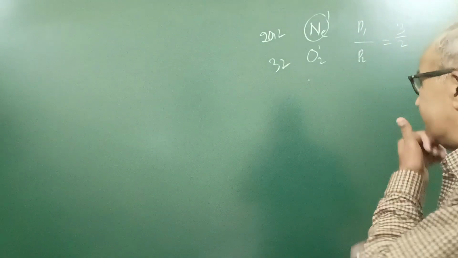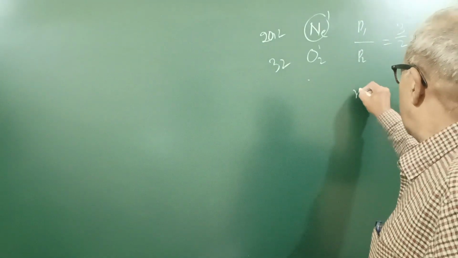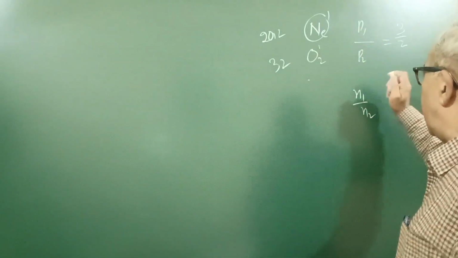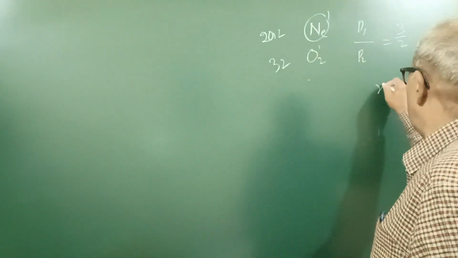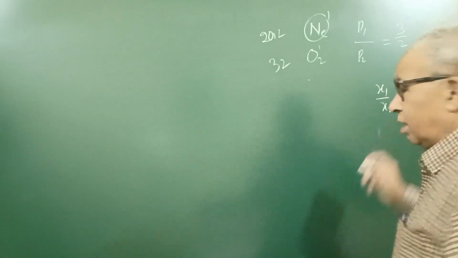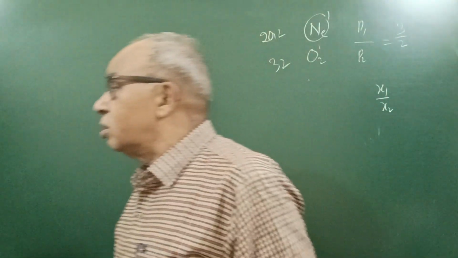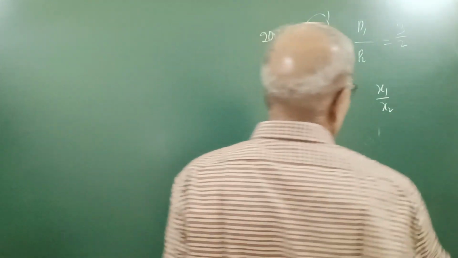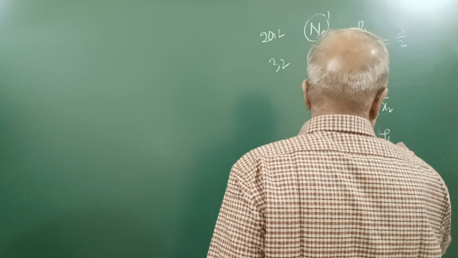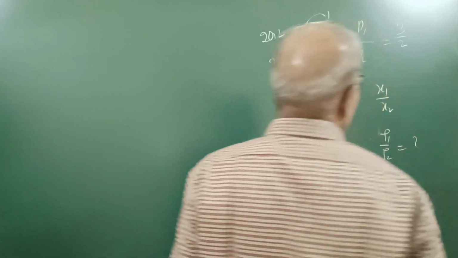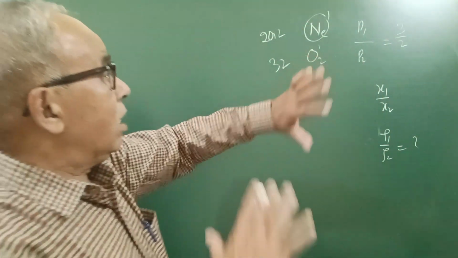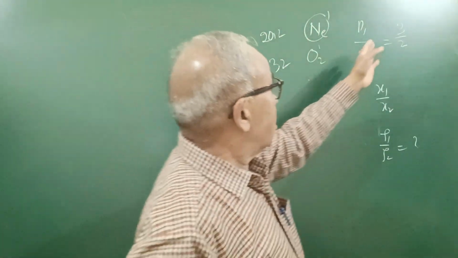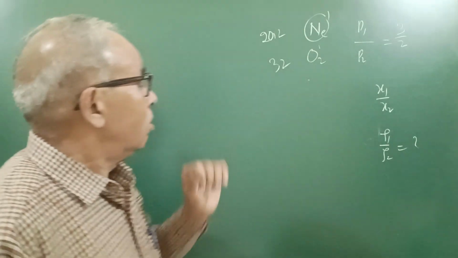So what are you asked? Two things. N1 upon N2, number of molecules. I write here X1 upon X2, because generally N represents number of moles in gas laws. And then density, rho 1 upon rho 2. I think you have got the question. In a vessel there are two gases, neon and oxygen. Their ratio of partial pressure is this.